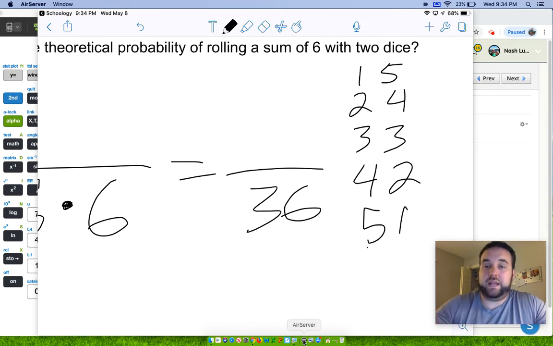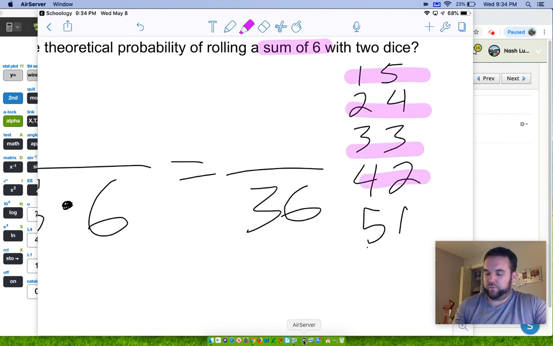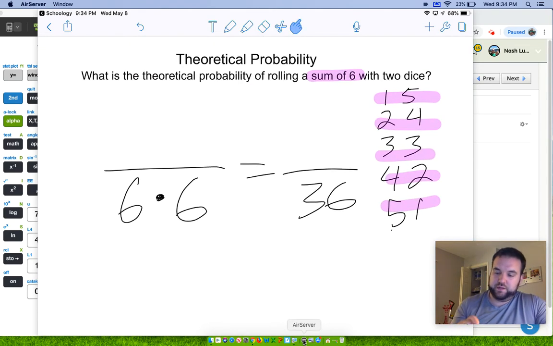One of the dice can't be a 6, because then the other one would have to be 0, and that's not possible. So if I count the number of possible ways to roll a sum of 6, there are 1, 2, 3, 4, 5. So my probability is 5 out of 36.